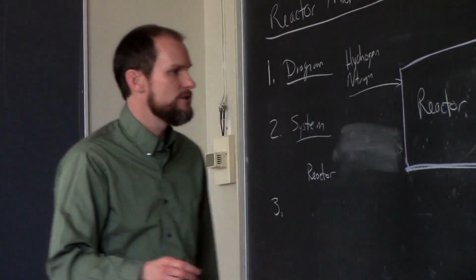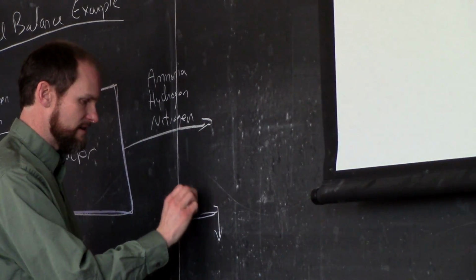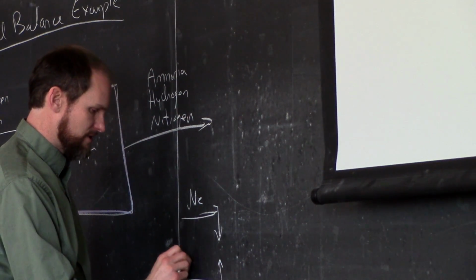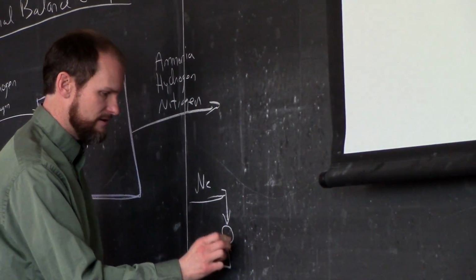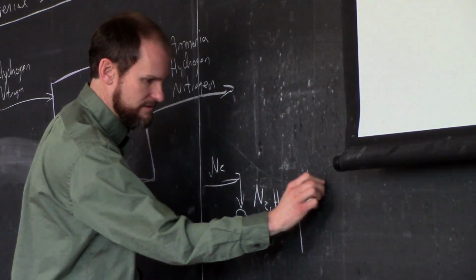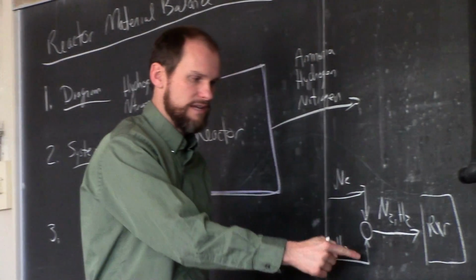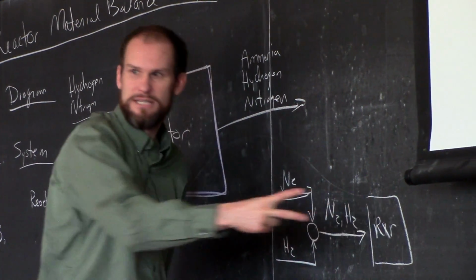So another way we could do it is we could show that nitrogen coming in and the hydrogen coming in to a mixer, and then have the mixture of nitrogen and hydrogen going out to a reactor. Now we have 2 different systems, so we could do a system of the mixer, we could do another system of the reactor.